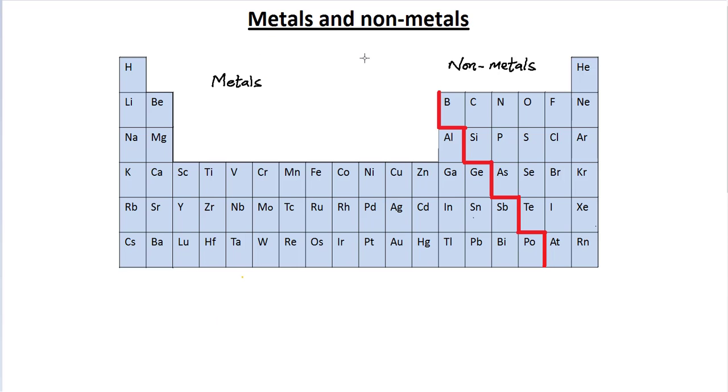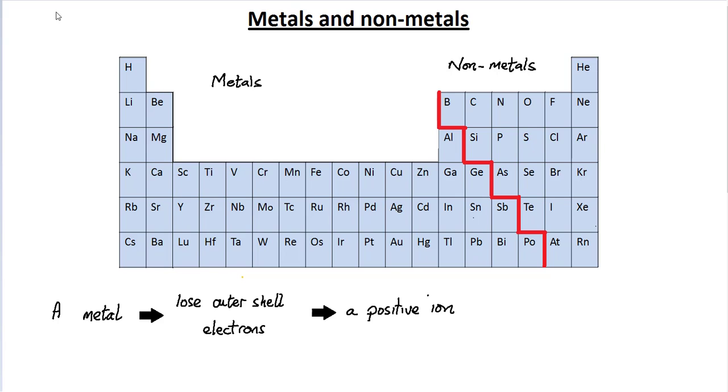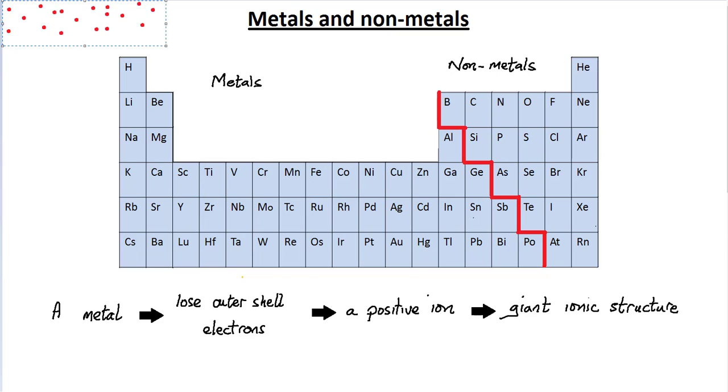Let's return to the periodic table to summarize. What do we mean by a metal? A metal is an element from this periodic table that is able to lose either all or some of its outer shell electrons in order to form a positive ion, and those positive ions are then accumulated into a giant ionic structure, as we've just seen, held together by a sea of delocalized electrons.